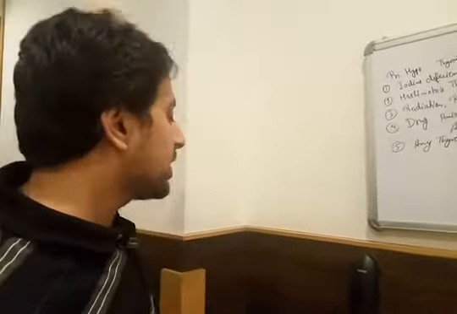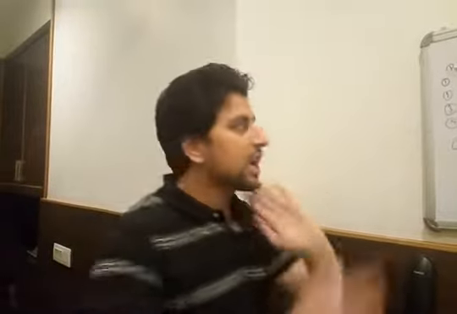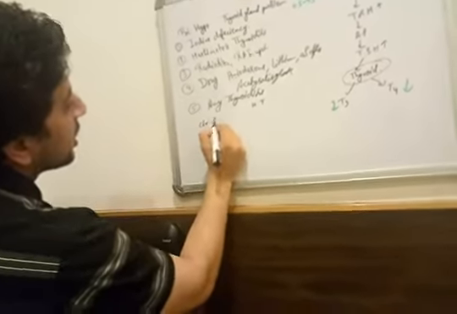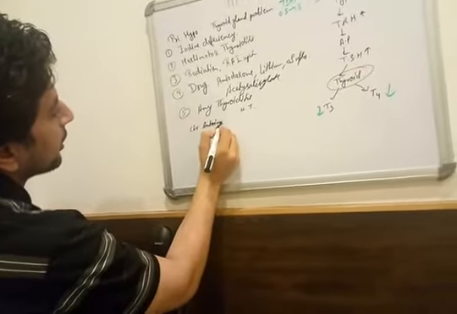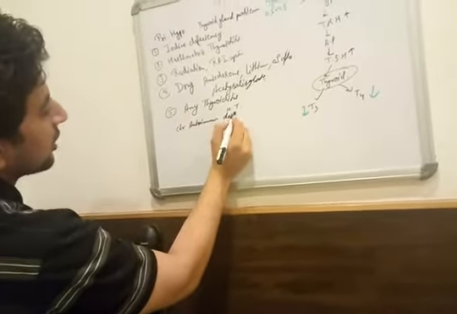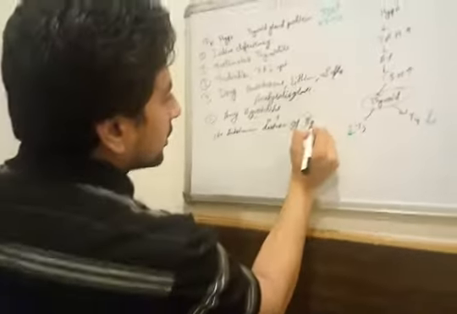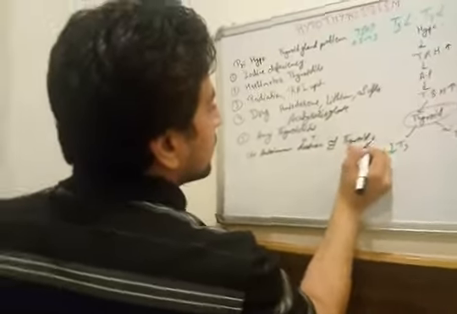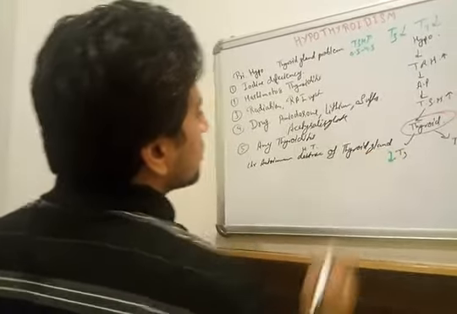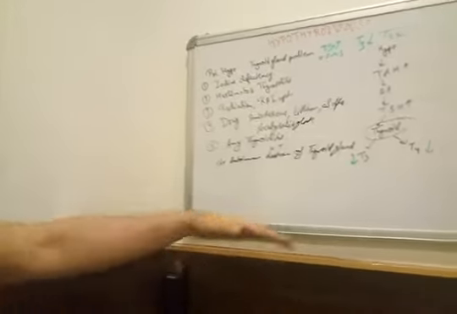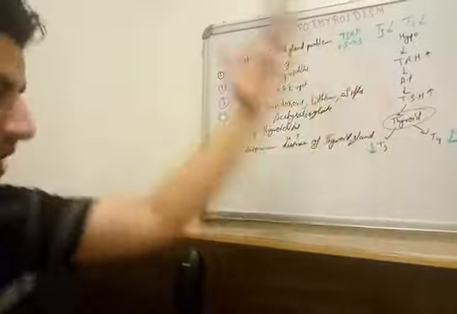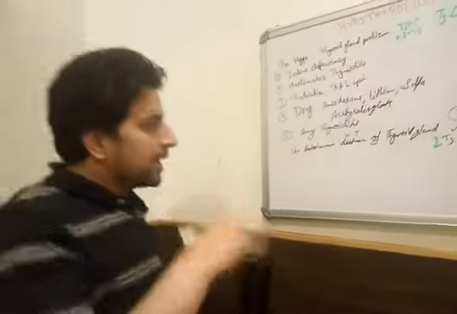So now I am going to explain what Hashimoto thyroiditis is. HT I am going to write. This is already explained in the thyroiditis lecture, but here I am going to explain again. It is chronic autoimmune destruction of the thyroid gland, which causes T3 and T4 levels to go down and TSH to increase. Why does this happen?